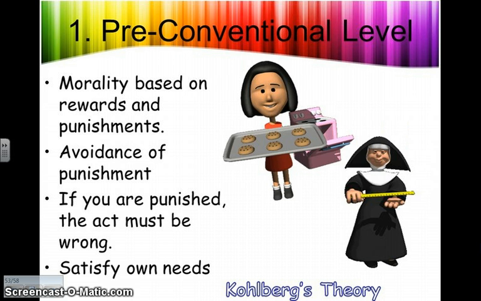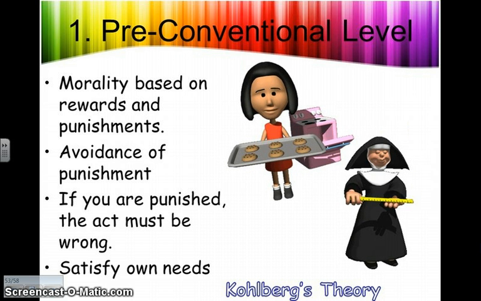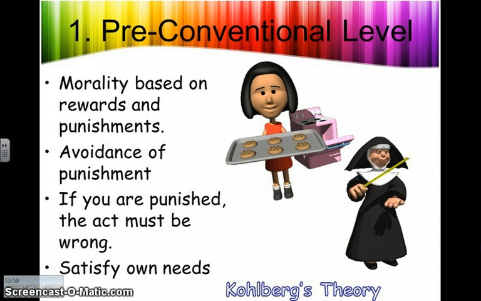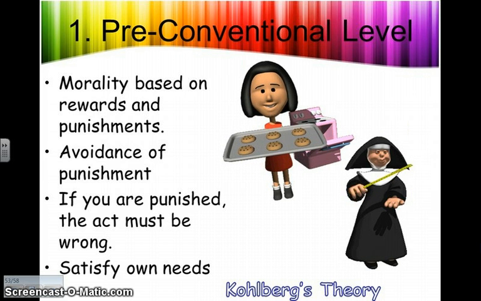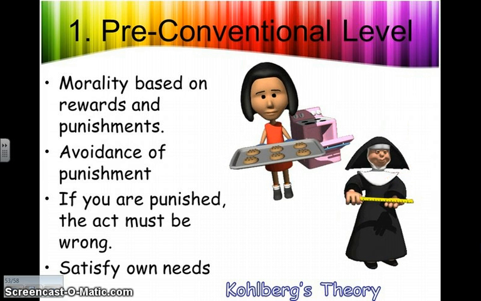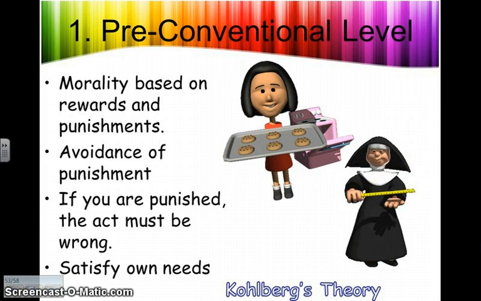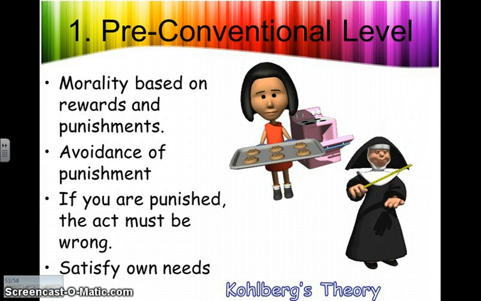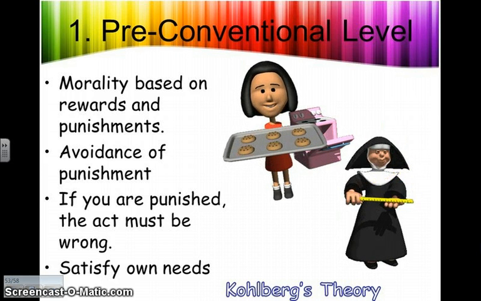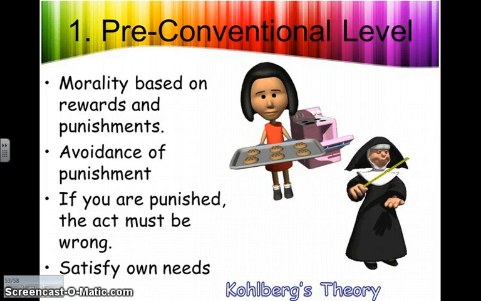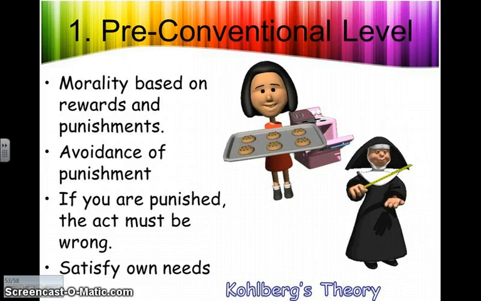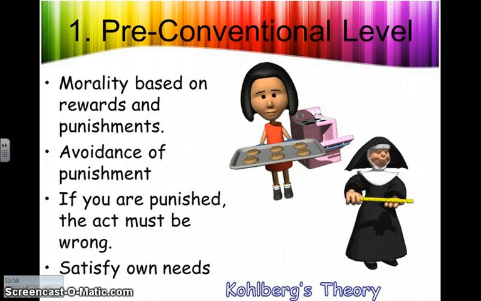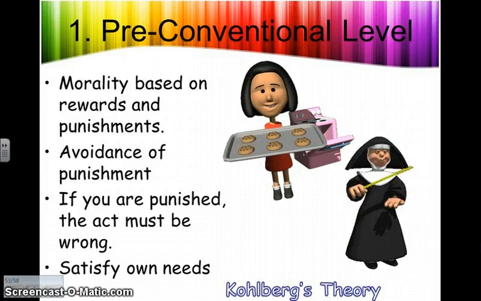If you think about little 2-year-olds, that's what they do. To them, as long as they don't get punished, then it must be okay. So when they start to learn that, oh goodness, I could do this and get punished for it, well, then that must be bad. Their entire universe depended on whether or not they got punished.